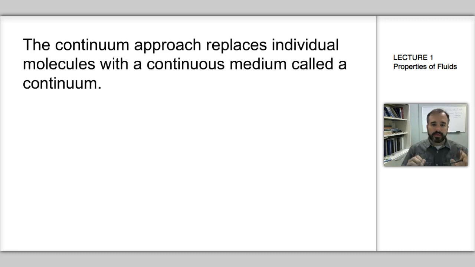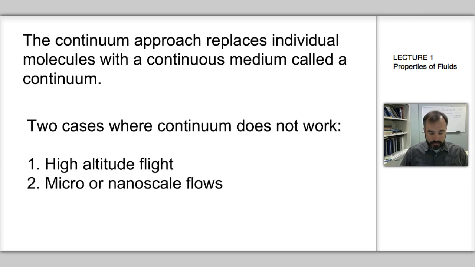And doing that is what's again called the continuum approach, where we replace the individual molecules with a continuous medium called a continuum. And it is a very practical way of dealing with most engineering problems. There are a few cases where that doesn't work very well, and examples are high altitude flight, where individual molecules are so far apart that describing a continuum really doesn't make sense. There are so few molecules and so much distance between them that we can just describe the molecules as needed.